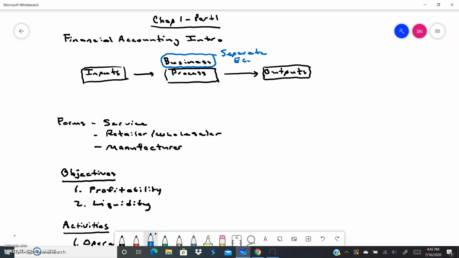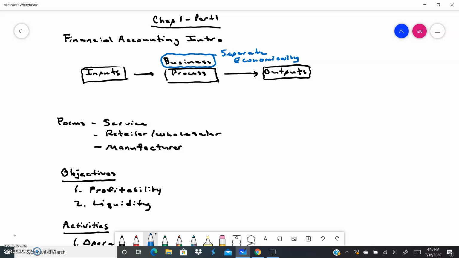That's to say that we're not going to intermingle the affairs of the owner with the business. So whenever we're thinking about any transactions that are affecting the business, we're always looking at it from the business's point of view, not from the owner's point of view. Okay, so that's very important. So the business is going to be a separate economic entity.